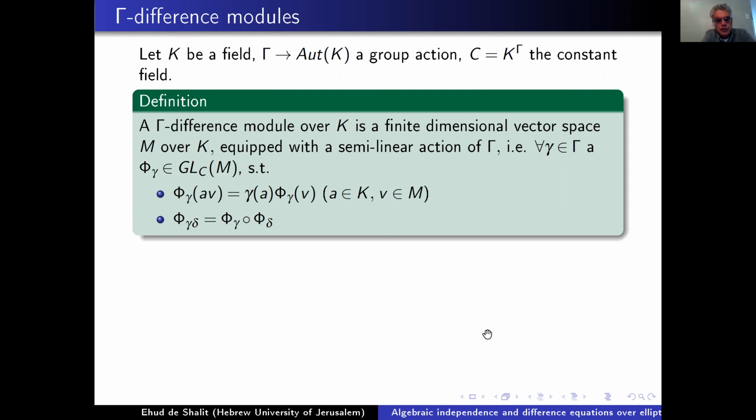So I guess if there are number theorists in the audience, they're probably familiar with the notion of F-isocrystals. That's a very important example in p-adic Hodge theory, number theory.